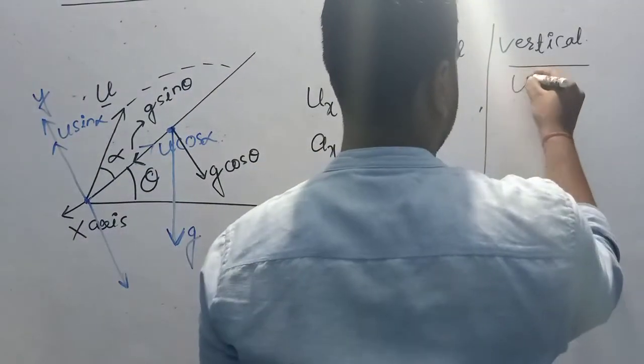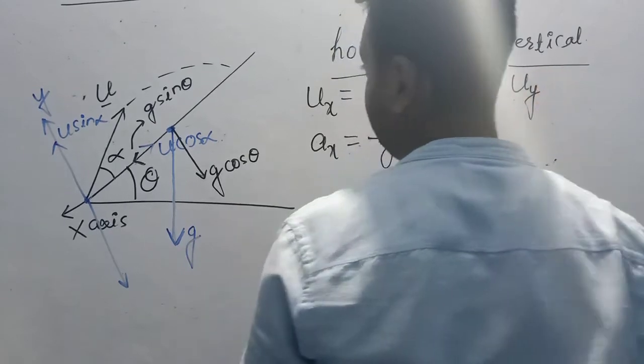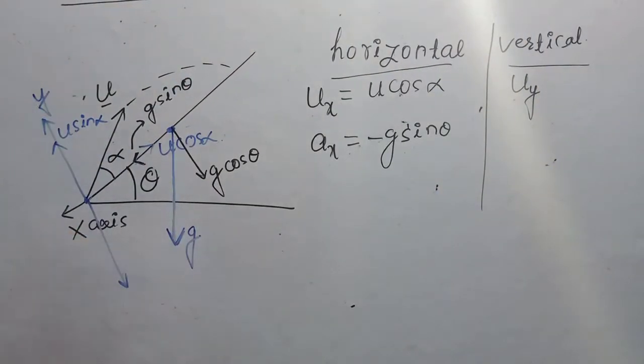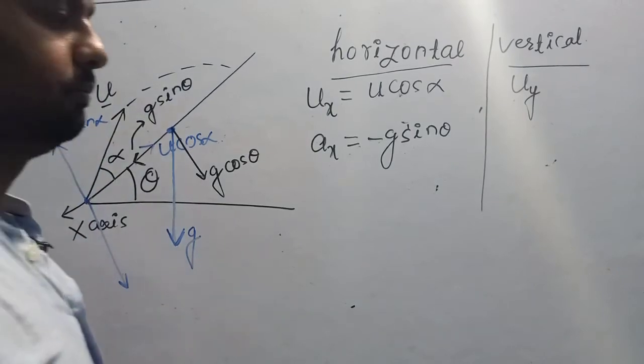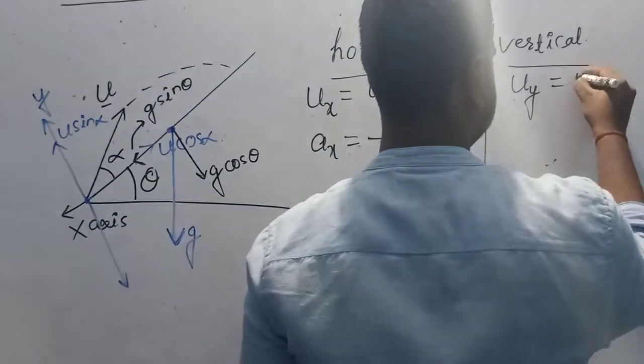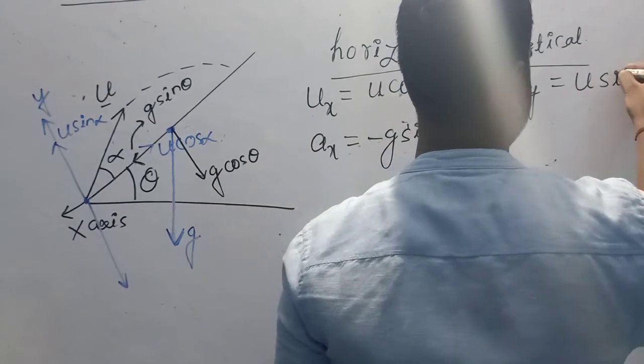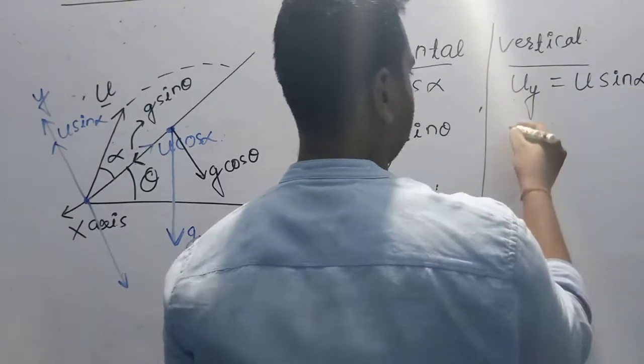Again, the component of initial velocity in the y direction is u sin alpha, and it is along the positive y axis, so we write positive u sin alpha.